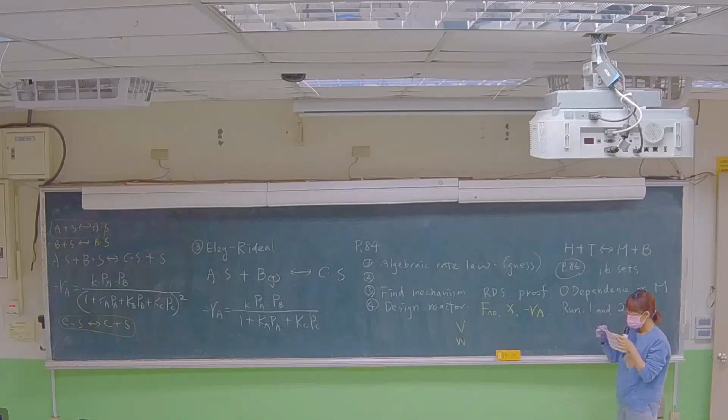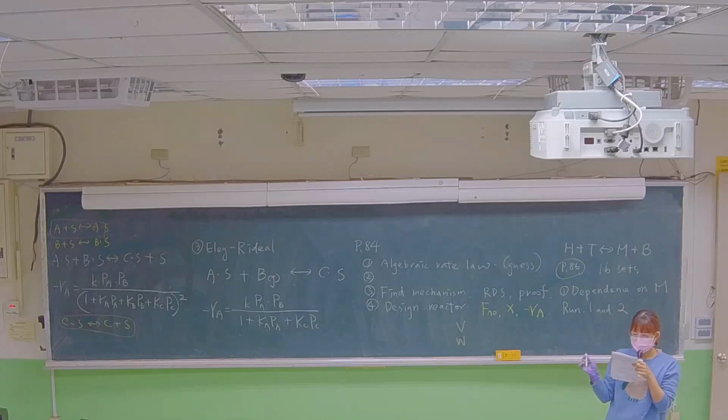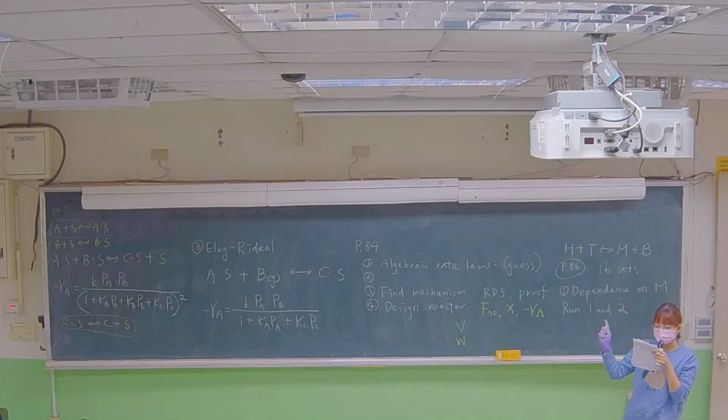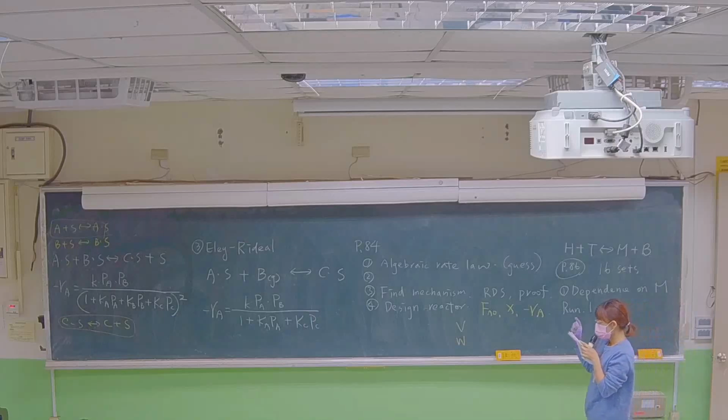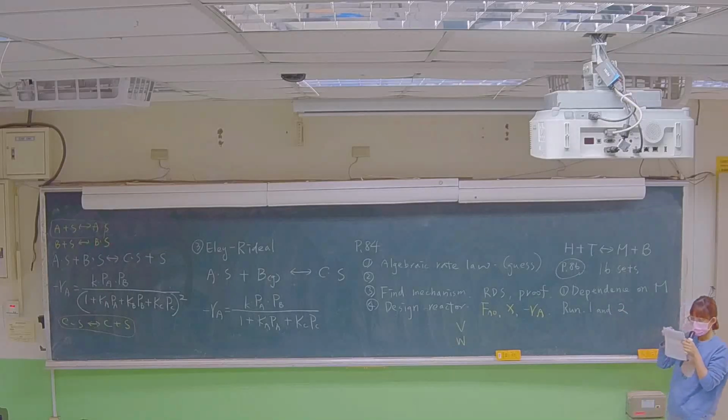PT is 1. PH2 is also 1. PB is 0. The only different part is PM, right? So in set A, the first experiment shows PM equals 1, and the second experiment shows PM equals 4. So you can see the PM increased from 1 to 4.